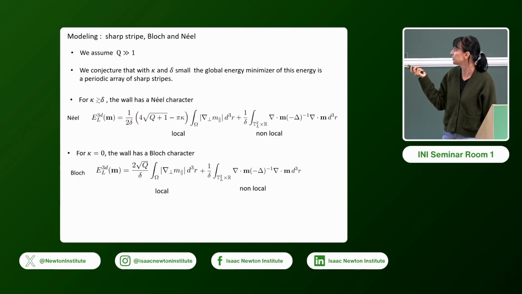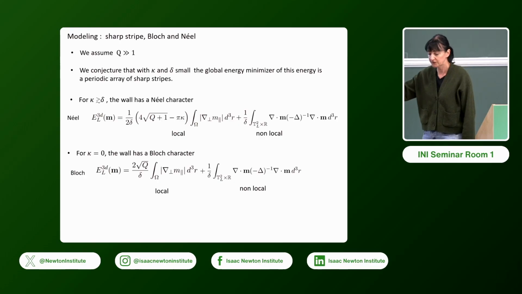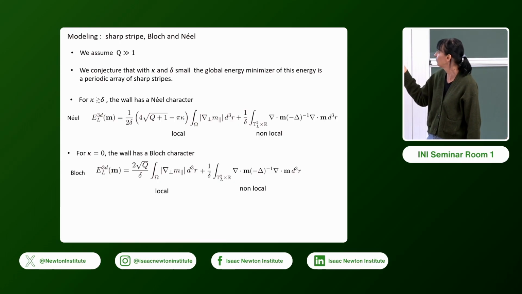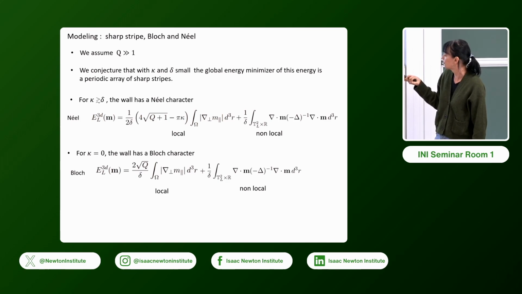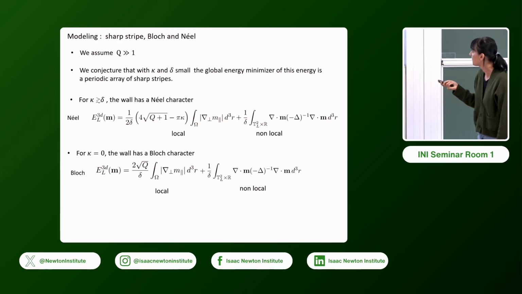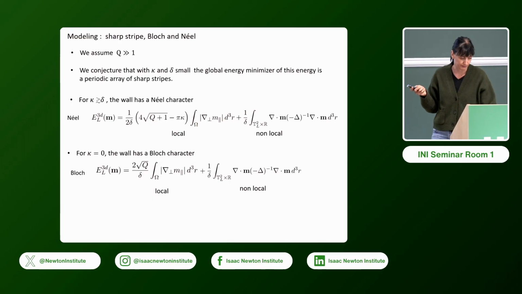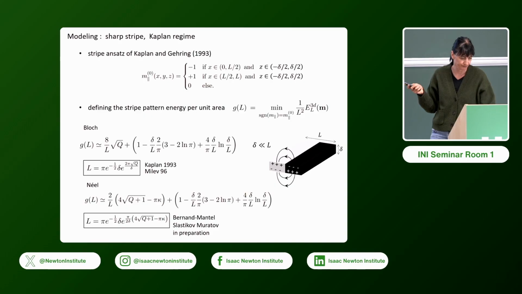And here the wall energy takes the form of anisotropy renormalized with a local stray field, which represents a cost, as I say, for Néel rotation due to the volume charges that are created, and the DMI, which is going to reduce this wall energy. While for the Bloch case, we only have here the cost of the wall, which is a mix of anisotropy and exchange. The non-local part is expressed the same.